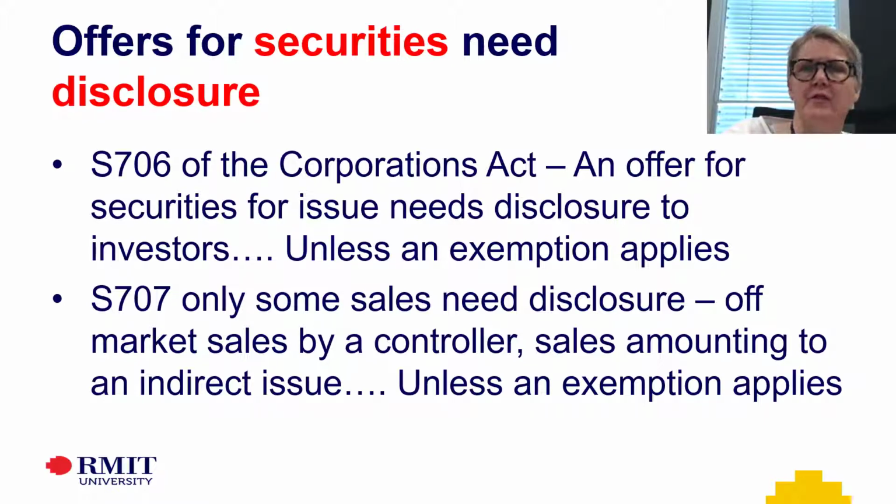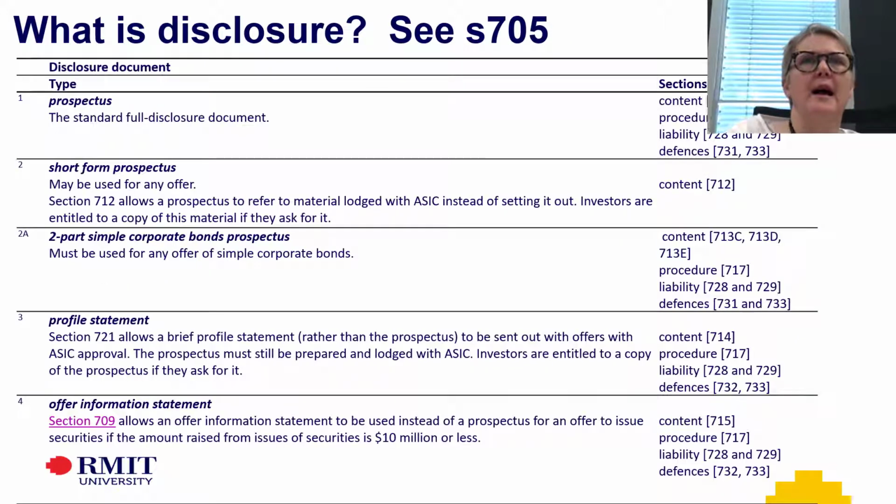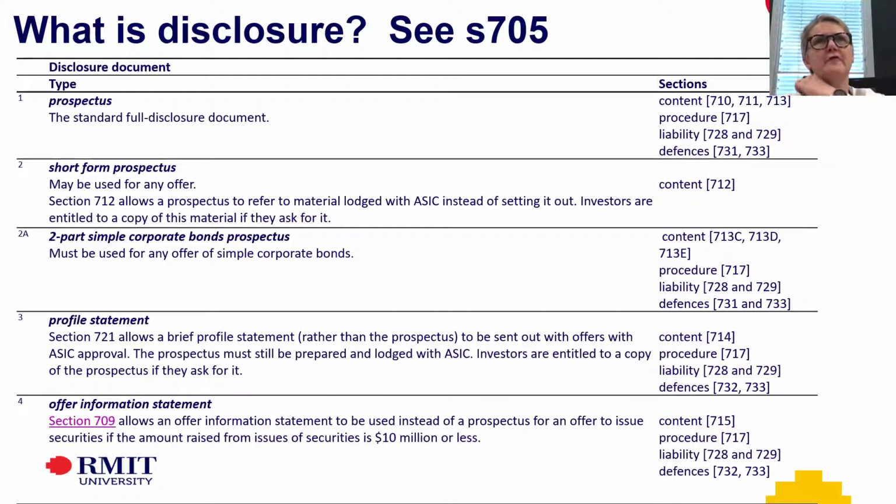But the provision itself lists out the circumstances. Again, I showed you 705 before, basically lists out the different types. What I want to point out this time around in particular is that the provisions show you, once you know what kind of disclosure document you are looking at, so say we're looking at a prospectus, these are the sections that tell me what content a prospectus has.